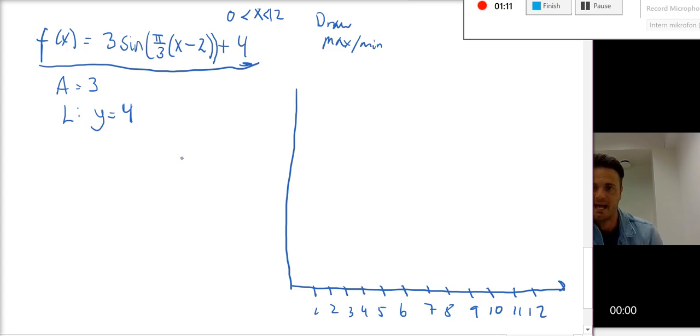The first thing we do is mark the midline, which goes through 4 on the y-axis: 1, 2, 3, 4. So here is the midline, like this.